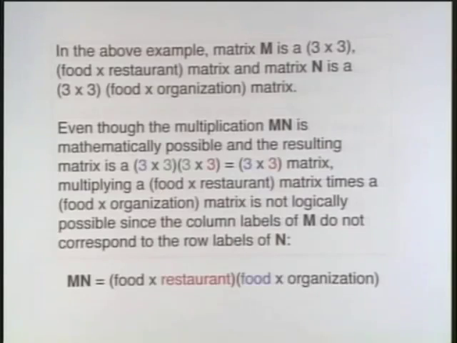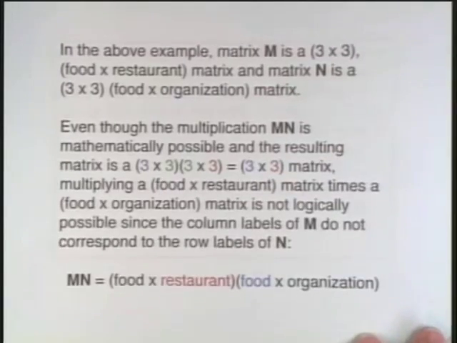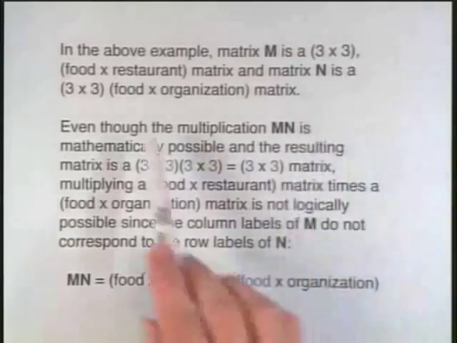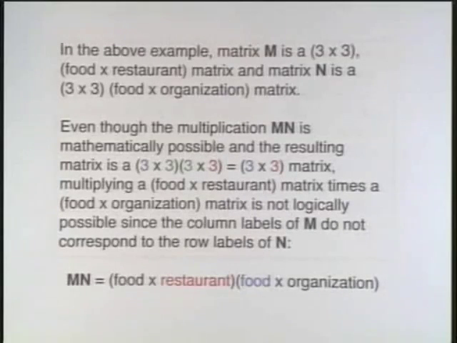In the above example, matrix M is a 3 by 3 food by restaurant matrix, and matrix N is a 3 by 3 food by organization matrix.